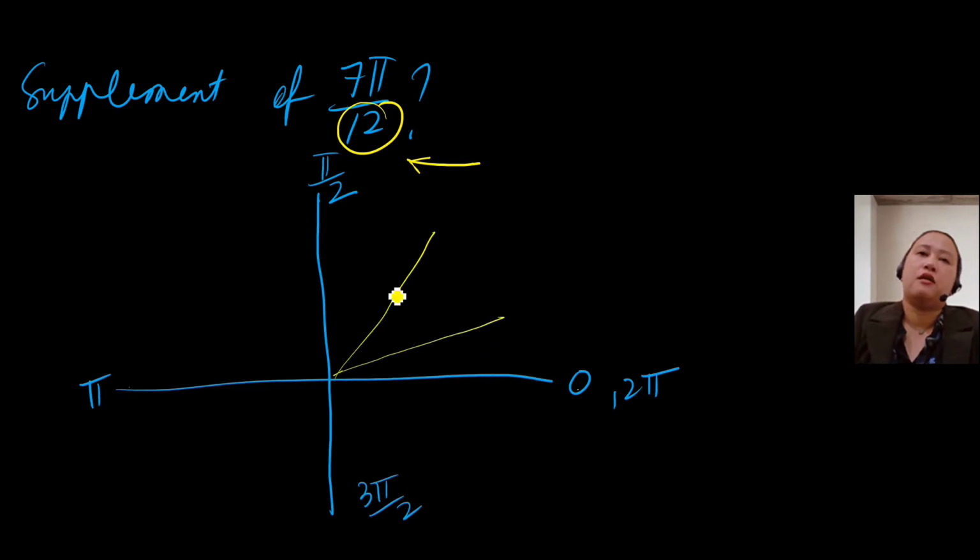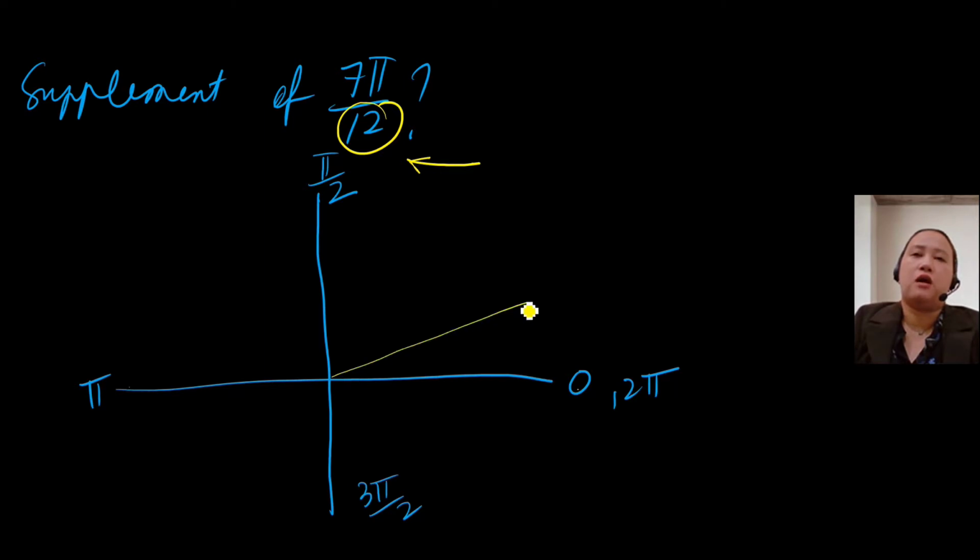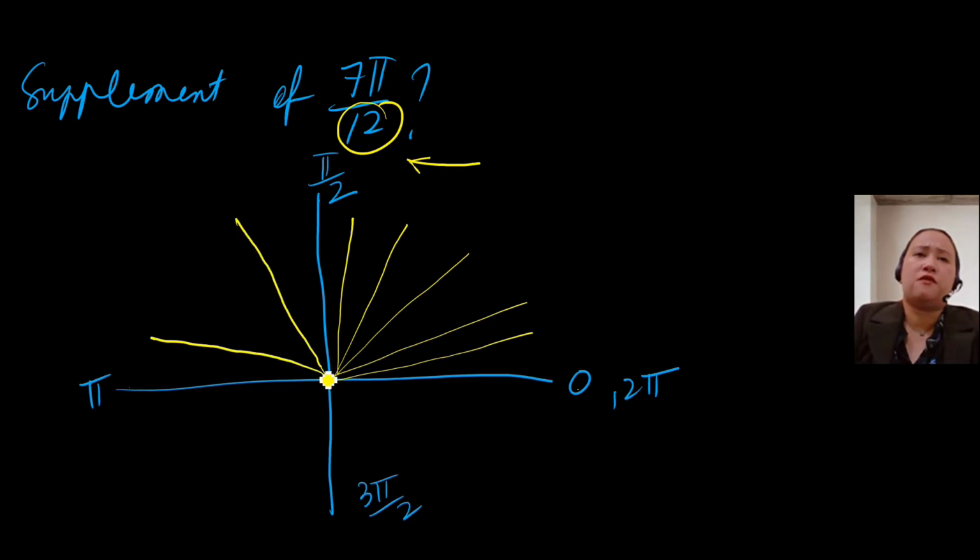You just use your protractor so that you will have equal parts. If you're going to draw on graphing paper or any paper, use a protractor. We're going to divide the second quadrant also into 3 first, and then make it 6 parts.